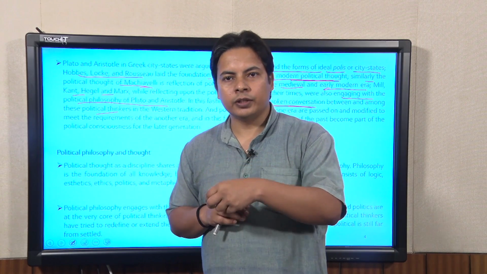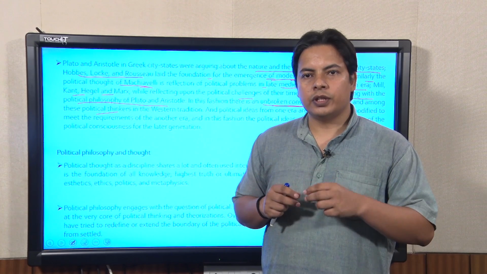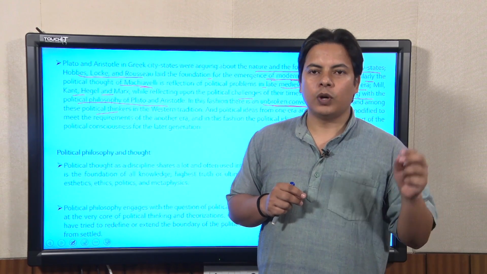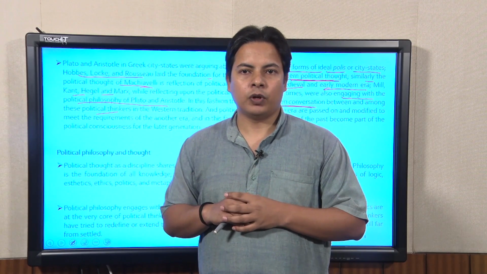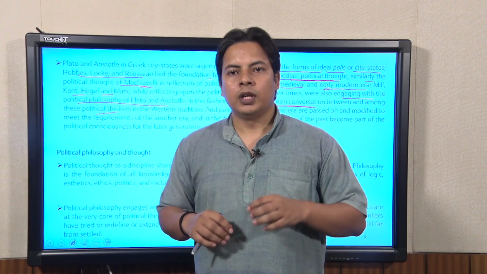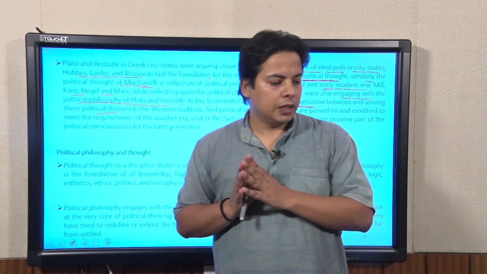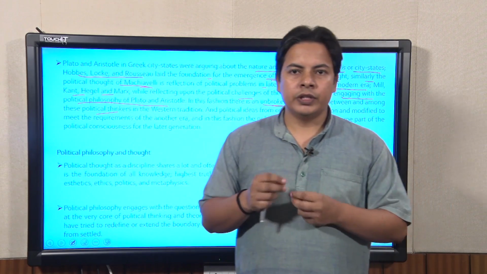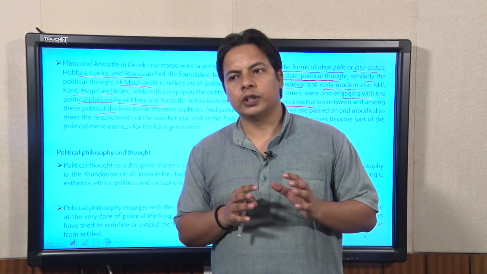However, while they think about their times, they do not just go back to Plato and Aristotle, but also expand the boundary of political thinking or the understanding of the political, and that is how political thought has evolved. Now, let us look at some of the questions like political philosophy, political thought and political theory.